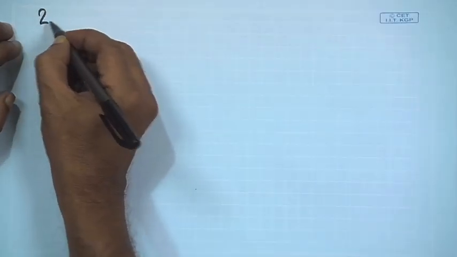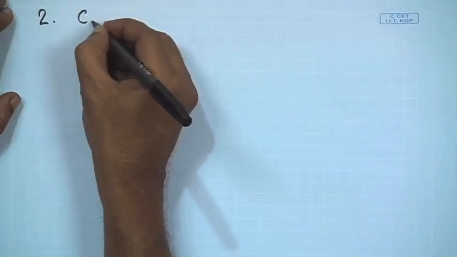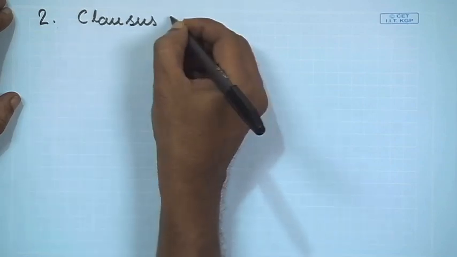Then let us go to the second statement of the second law of thermodynamics. The first statement is the Kelvin-Planck statement, the second statement is known as the Clausius statement.